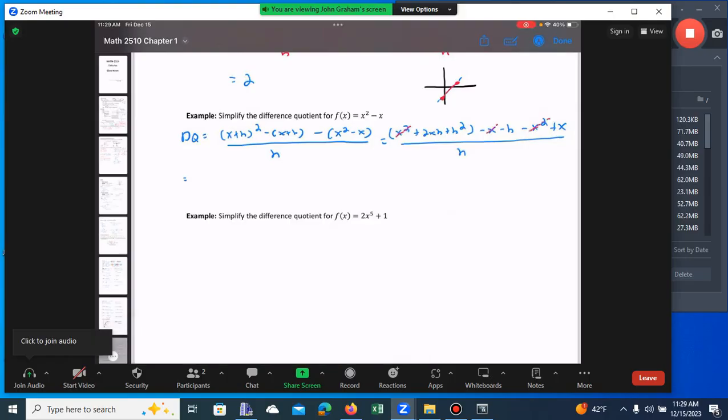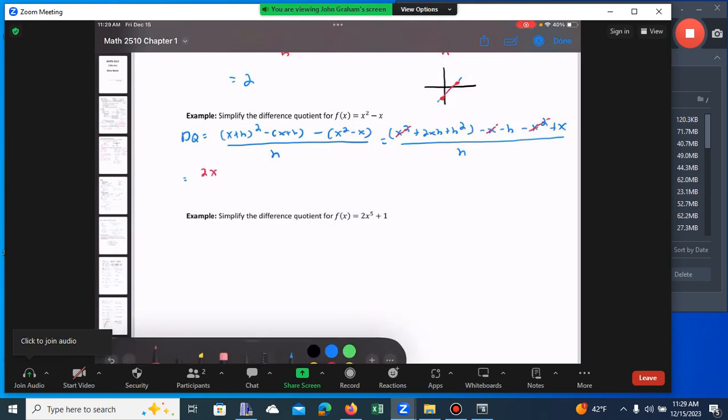This x cancels with that x. So we're left with 2xh plus h squared minus h, and you have h on the bottom. So the h's divide out, you get 2x plus h minus 1.